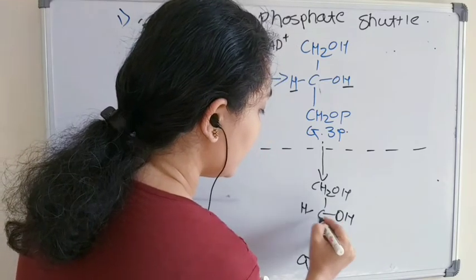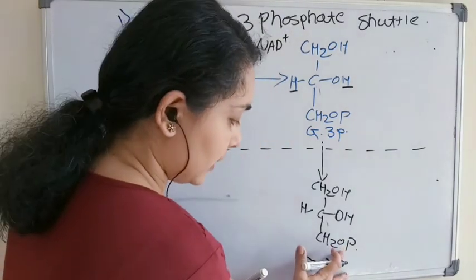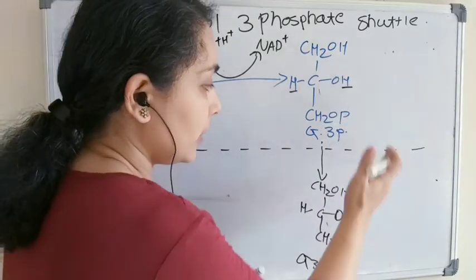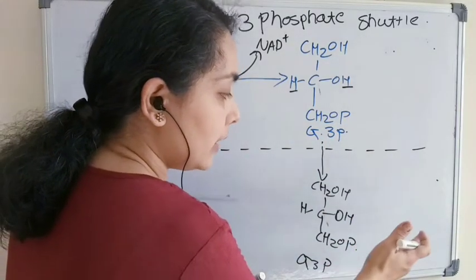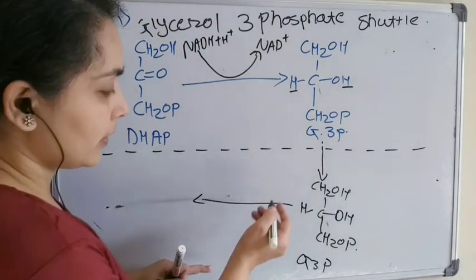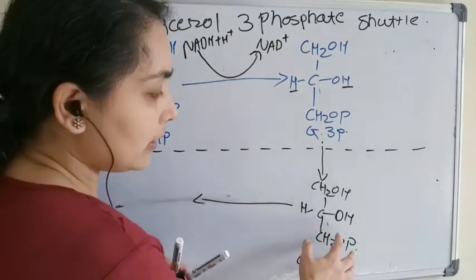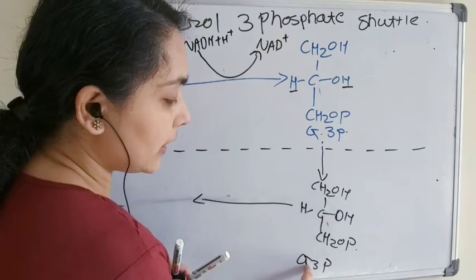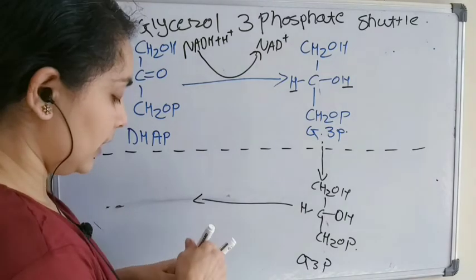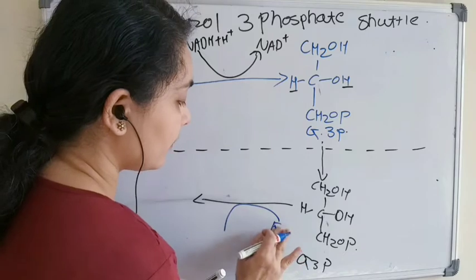COH, H and CH2OP. This is the structure of glycerol 3-phosphate. This is the intermembrane space. Okay, glycerol 3-phosphate will come into the mitochondrial intermembrane space, and here again the high energy electrons and protons present in the glycerol 3-phosphate will transfer here to FAD.